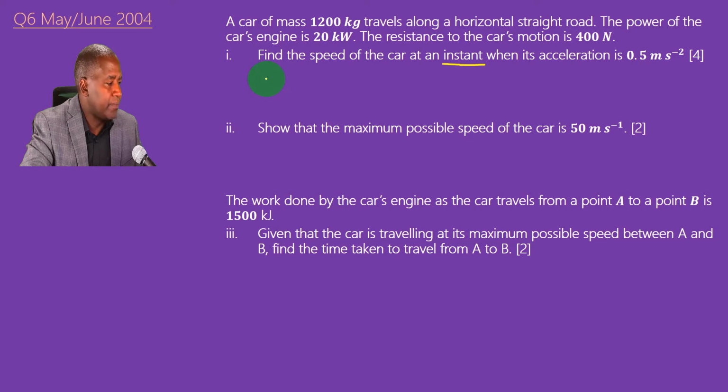So like we have said, power over that speed minus the resistance will be equal to ma.